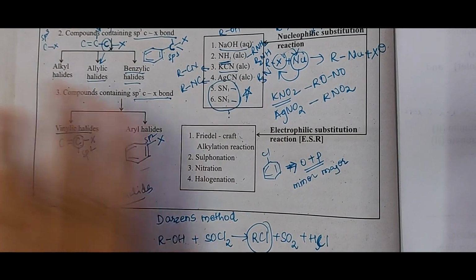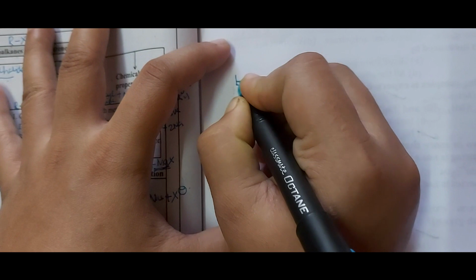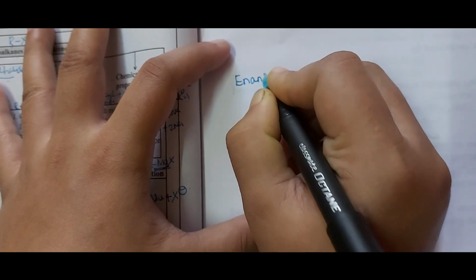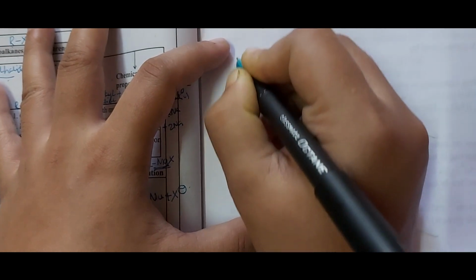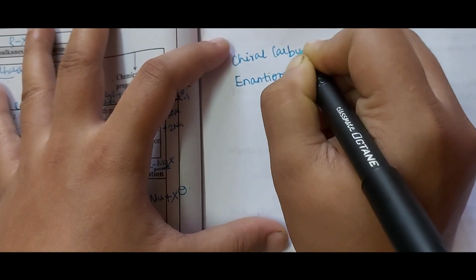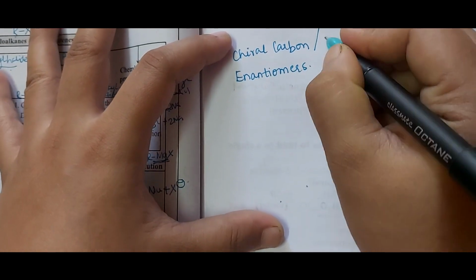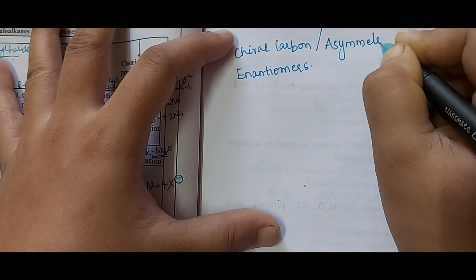Along with these, there are few more concepts which you should know, that are generally enantiomers. So you should know about enantiomers. What are enantiomers? Then you should know what you mean by a chiral carbon. It is also called as asymmetric carbon, and there is another name, that is stereocenter. All these three mean one and the same.